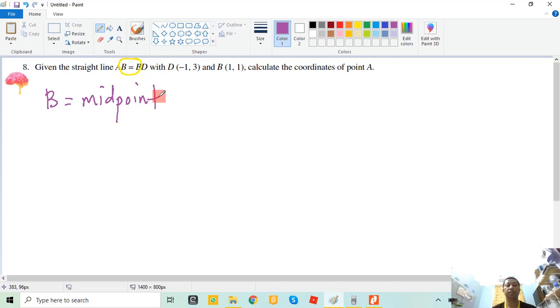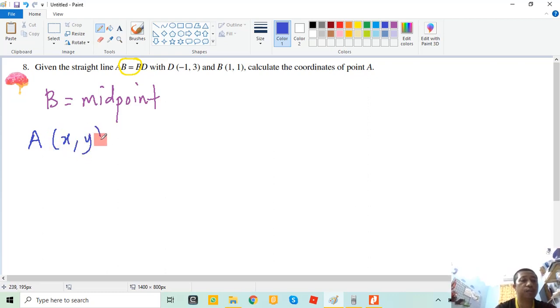So we use the formula for the midpoint. Maybe I write here. Point A we don't know, so we write point A as (x, y). And then point D, not point B, point D first.